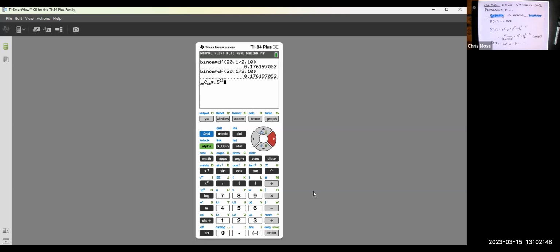We're going to multiply that by the Q value, which is also 0.5. We're going to raise that to the 20 minus 10 power, and that should give me pretty much exactly the same thing, and sure it does. But we're not going to use that formula. We're going to use the binomial PDF formula.